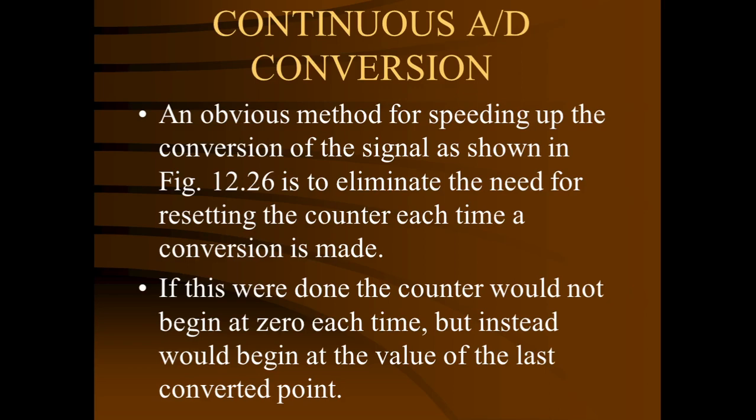To remove this disadvantage, we studied another type of converter, the A to D converter using the counter method, in which we utilize a counter and a variable reference voltage. That variable reference voltage was generated from a D to A converter.